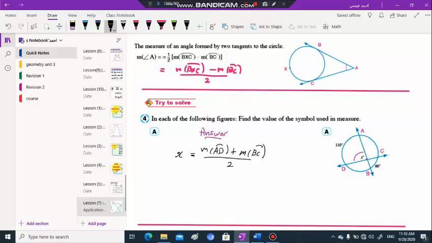The measure of arc AD is 110 plus the measure of arc BC, which is 60 degrees, divided by 2. So it will be 85 degrees.